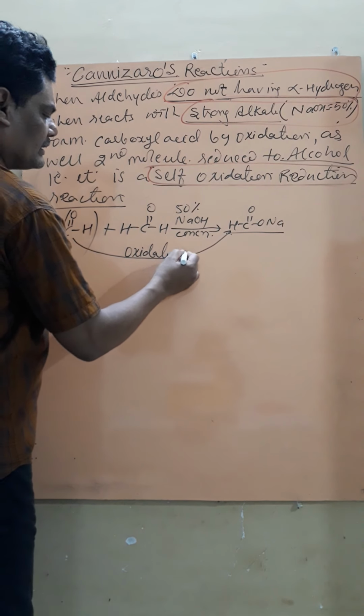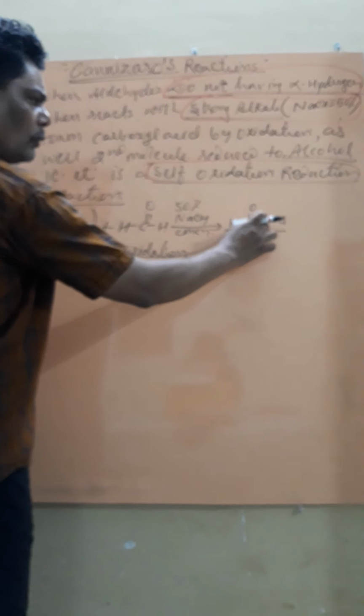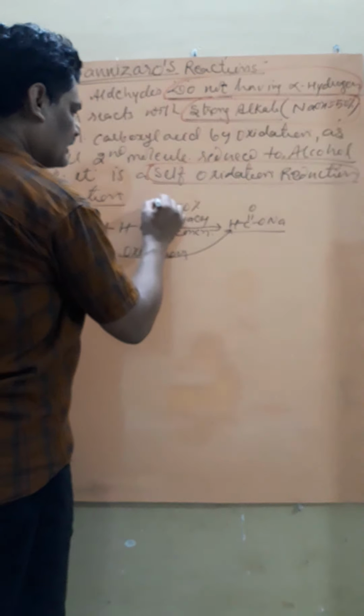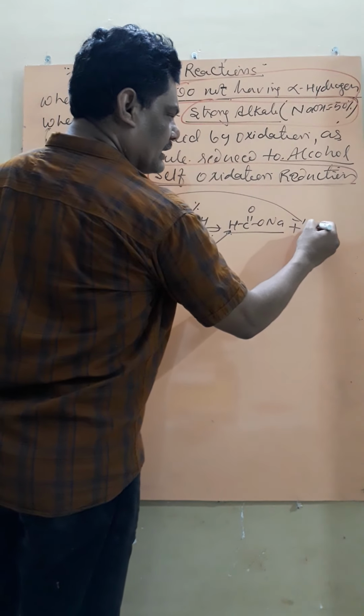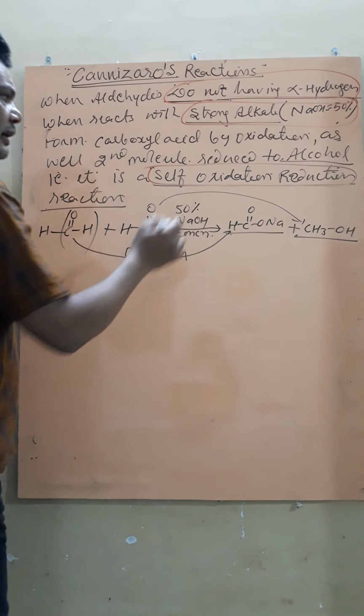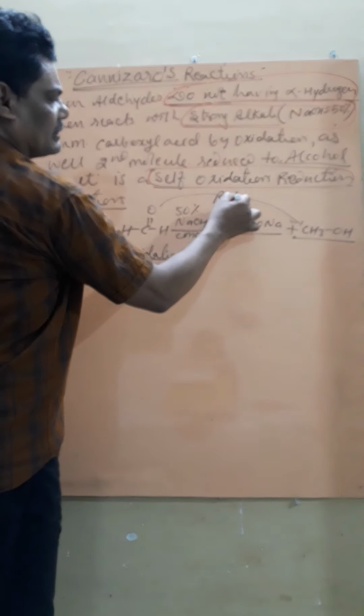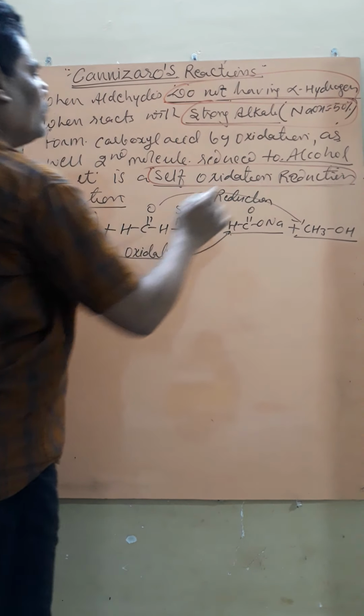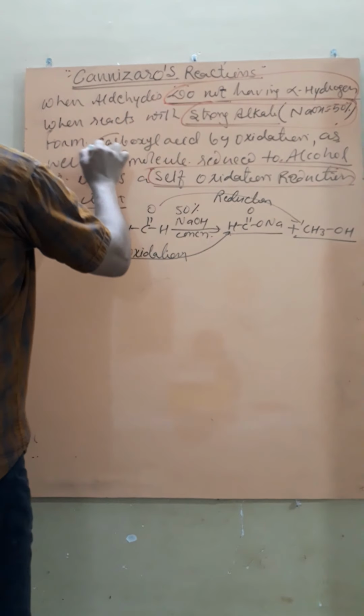Why is it called oxidation? One O is attached with it, and the second molecule is getting reduced, and the reduction gives CH3OH, that is methanol. So this is called reduction.